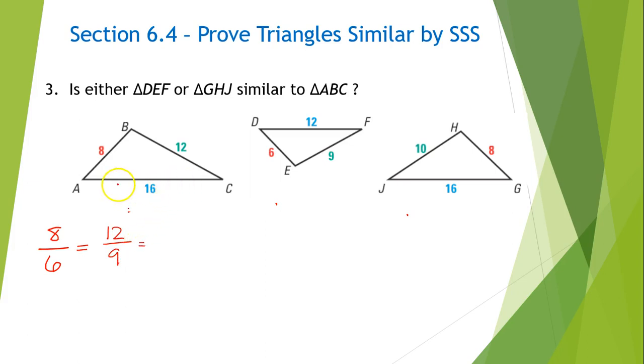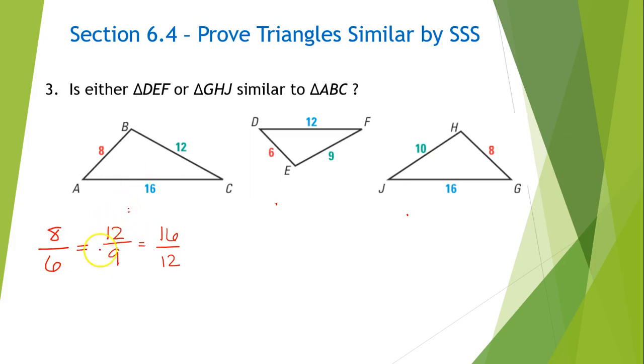And then one more time, because we have 3 sides to a triangle, AC, this right here, 16 over 12, because those are my 2 longest sides and they correspond to each other. Now, if you reduce this fraction, 8 over 6, that gets you 4/3.